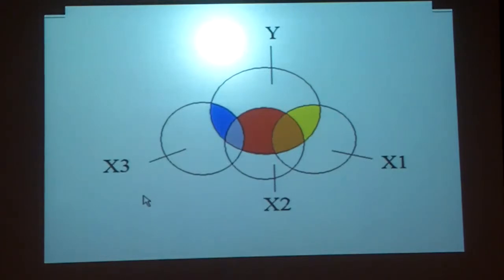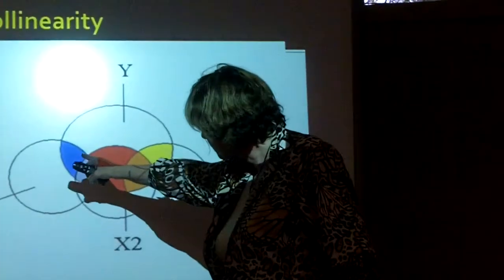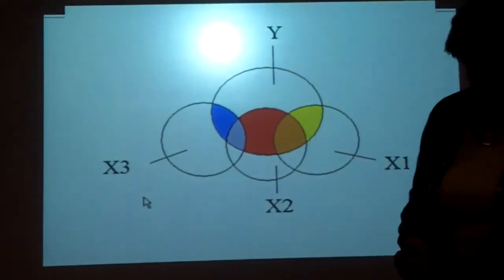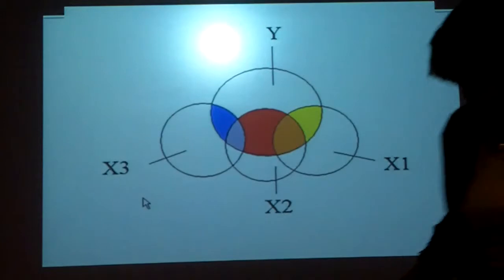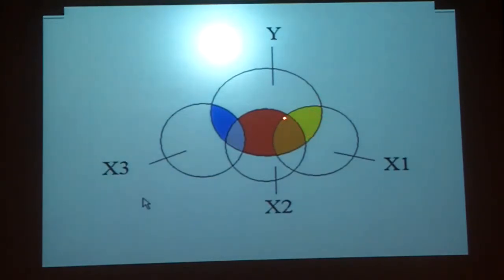In general, if you are trying to analyze whether you have significant beta weights, the beta weights are associated with the blue, the red, and the yellow. The yellow is actually the squared semi-partial correlation coefficient, but if the squared semi-partial is significant, then the beta weight is also significant.